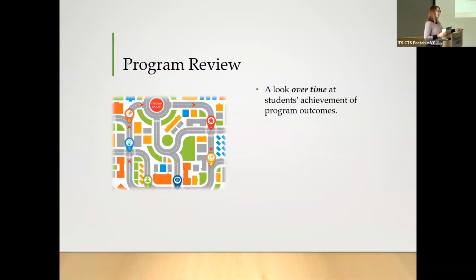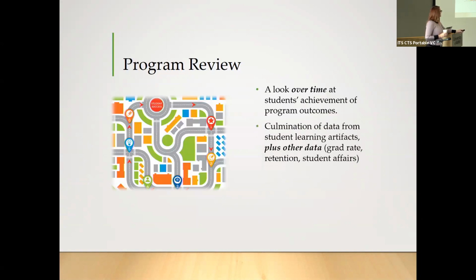So not only student achievement of embedded outcomes, student achievement perhaps in capstone courses, and then being able to look at each individual outcome from a program and make those holistic determinations. It's a culmination of data from student learning artifacts, again, plus the other data that indicate success or student achievement, those bright line indicators: graduation rates, retention. Student affairs, so co-curricular pieces, can be brought into this as well.